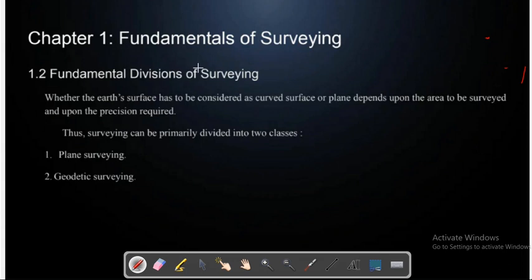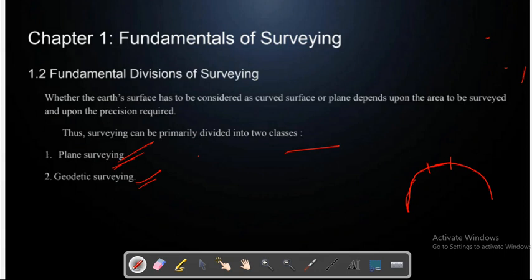Okay, so here you can see the categorization of surveying. The first one is plane surveying and the second one is geodetic surveying. In plane surveying, we consider the earth surface as a plane. Actually the earth surface is curved, right? But if you take a small portion of the earth surface, then we say it is linear, or the curved portion is negligible. That's why for a small survey or a small field we can conduct plane surveying.